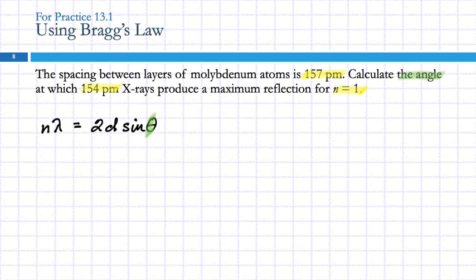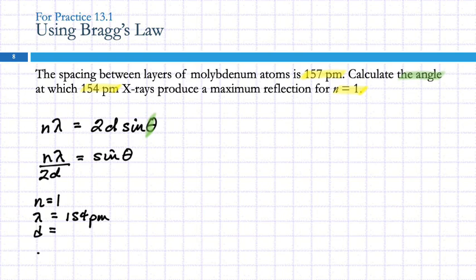We can rearrange this a little bit: n lambda over 2d is equal to the sine of theta. We're told that n equals 1. Lambda equals 154 picometers, that's the wavelength of the X-rays. The spacing d is 157 picometers.